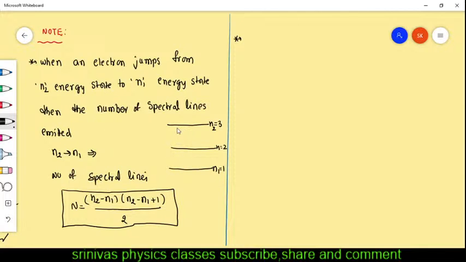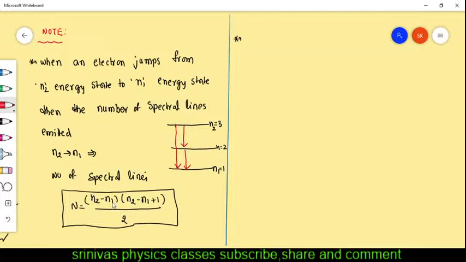Third to first directly, one spectral line is emitted. Or third to second, then second to first. So 1, 2, 3 spectral lines came. Like this, there are some possibilities.